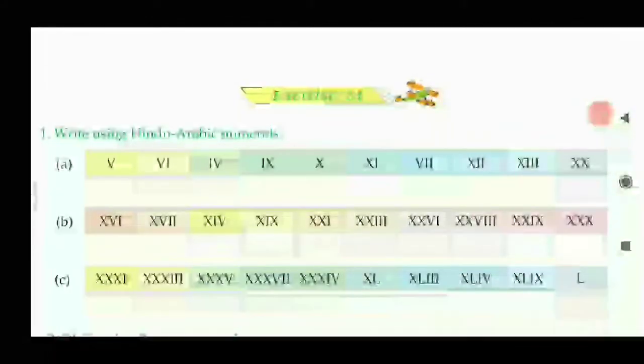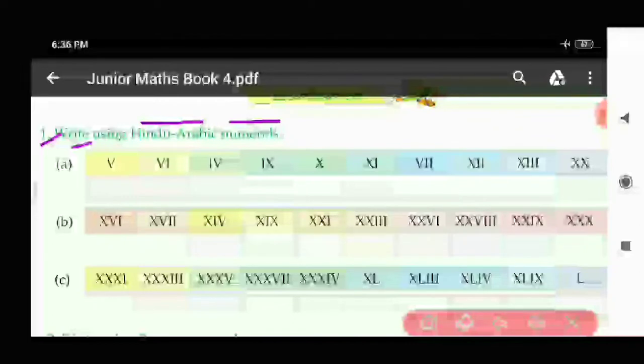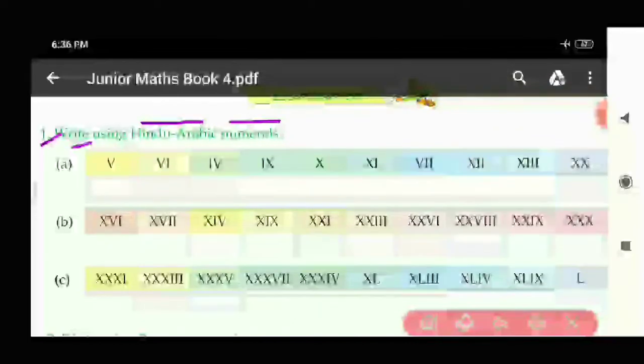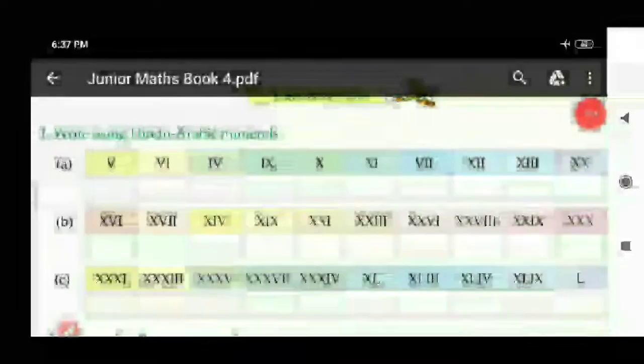What is given here? First, write using Hindu-Arabic numerals. Here Roman numerals are given. We will write these Roman numerals into Hindu-Arabic numerals. So the first part, what is given?